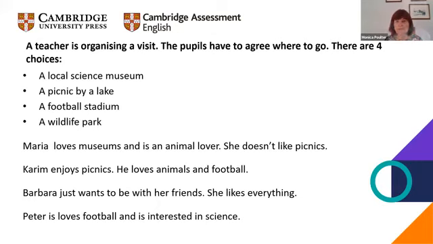Most of you are saying Barbara. A couple of people are saying Karim. A lot of you are saying Karim, but most people are saying Barbara. I think for me, Barbara is the easiest one because she's got no particular wish. She just wants to be with her friends, and whatever her friends want to do, she will do as well.